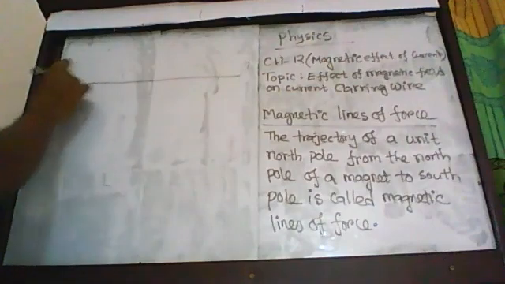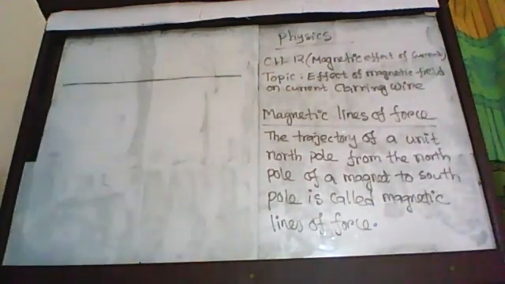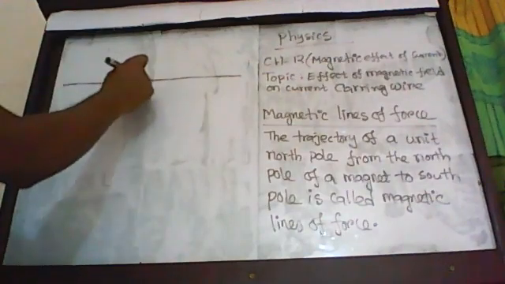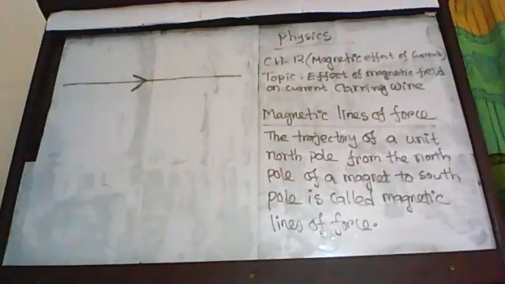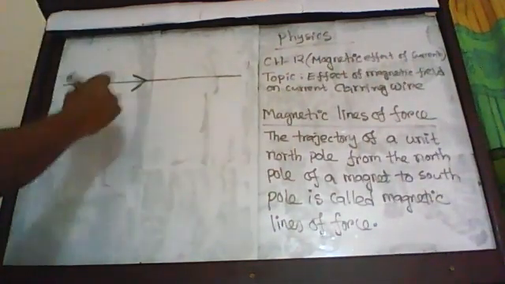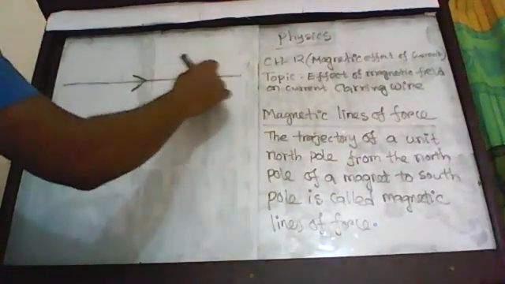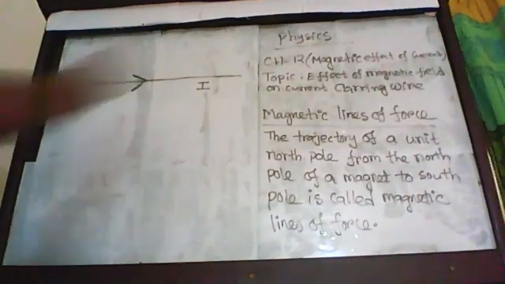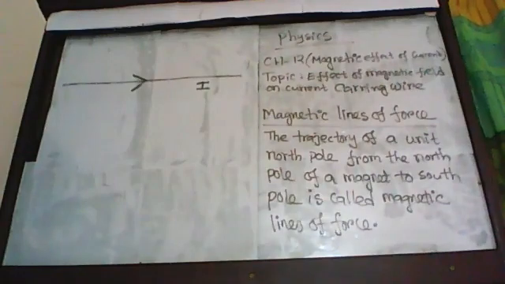Say this is a current carrying wire, carrying current in this direction. This is the direction of electricity. Current I flows in this direction. Okay, clear?